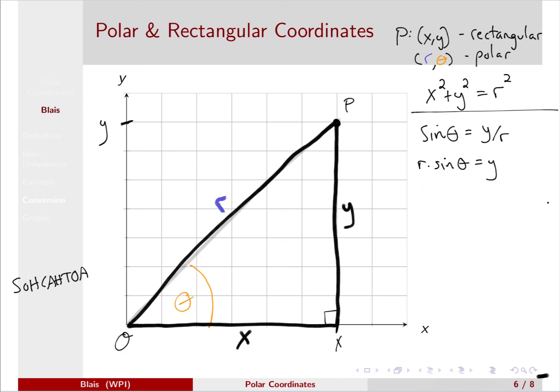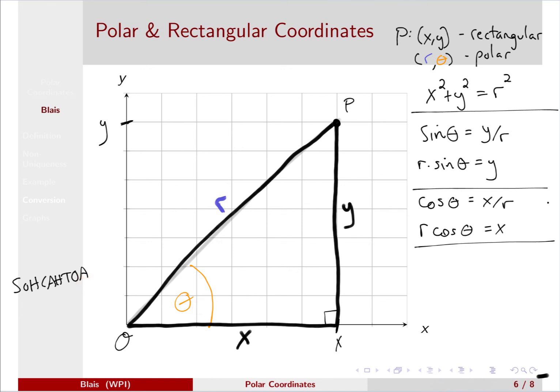Well, we can also use the cosine rule. So cosine of theta is the adjacent leg over the hypotenuse. So we have cosine of theta is x over r, and multiplying both sides by r, we have r cosine of theta is equal to x. And then finally, we have the tangent rule.